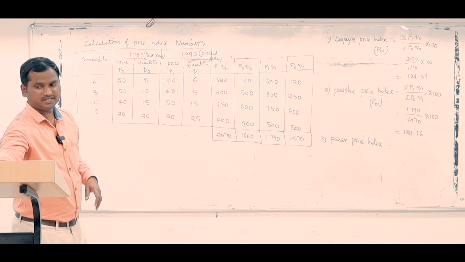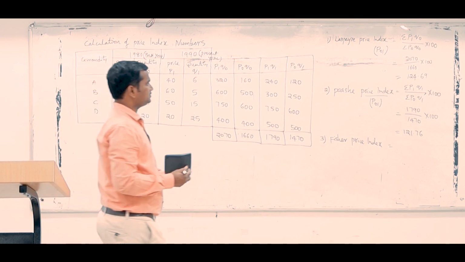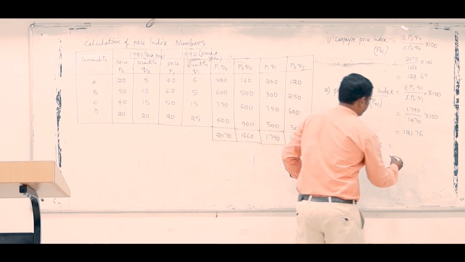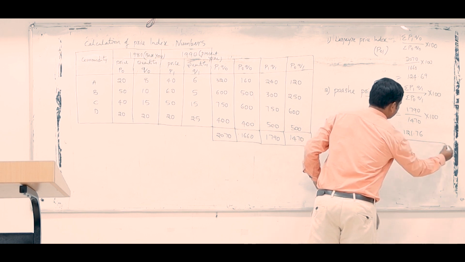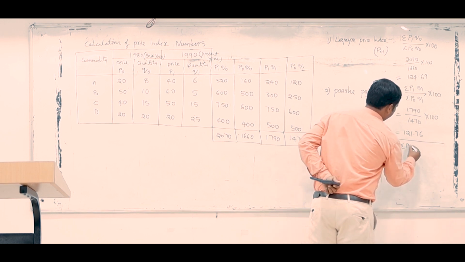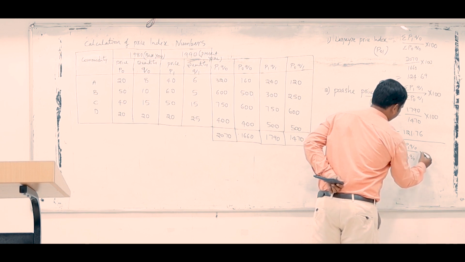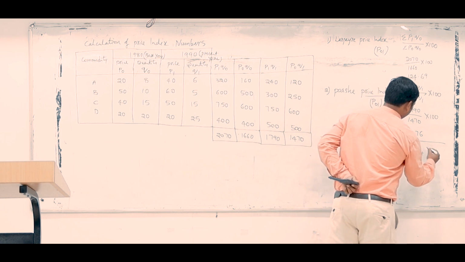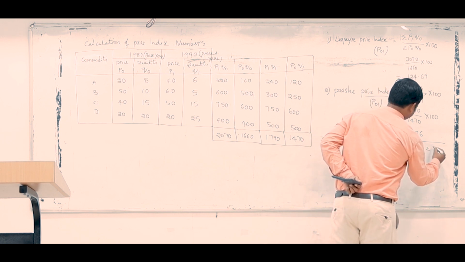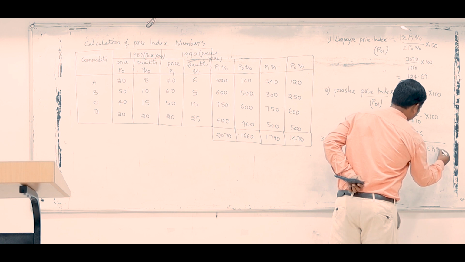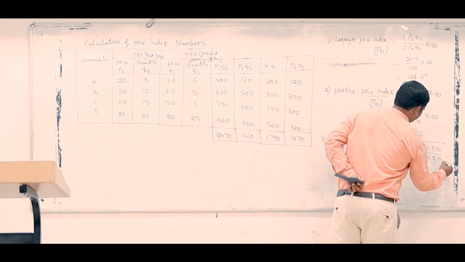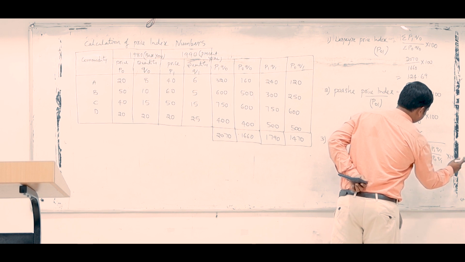So the formula is, under root, summation P1 Q0 divided by summation P0 Q0 multiplied by summation P1 Q1 by summation P0 Q1, into 100.